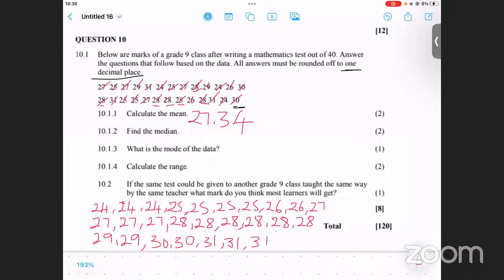Yes, ma'am. And is this correct? Busisi, is this correct? Yes, ma'am, it is. Okay.